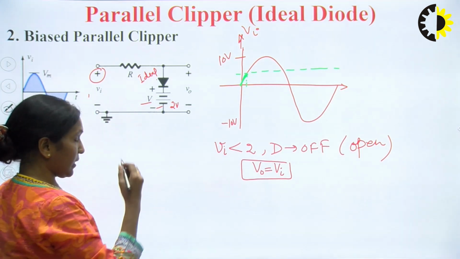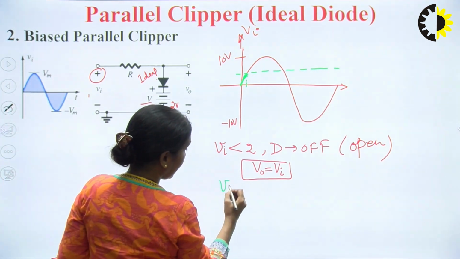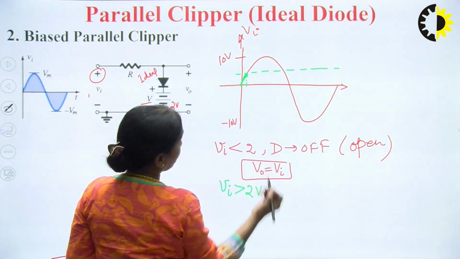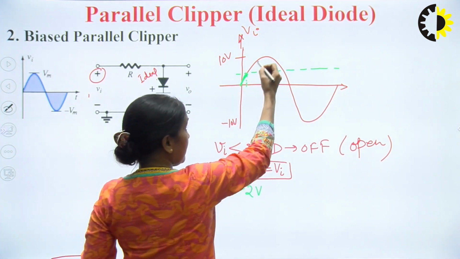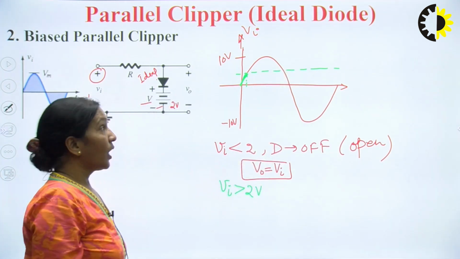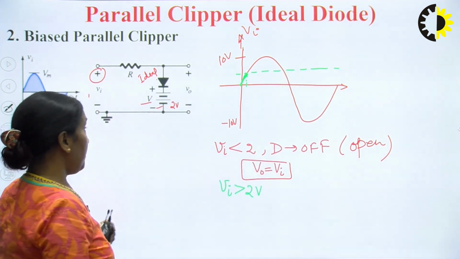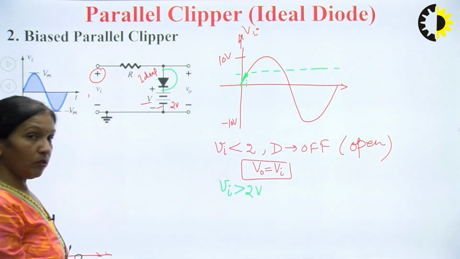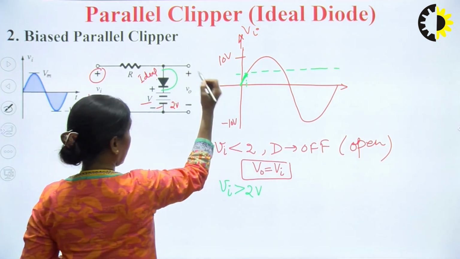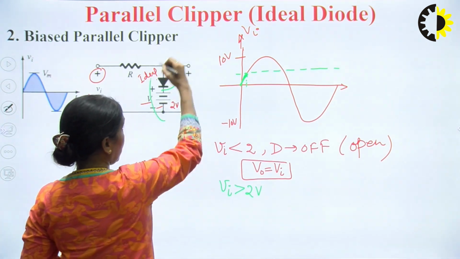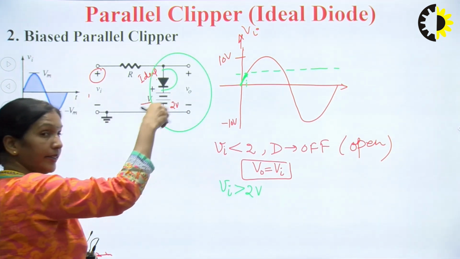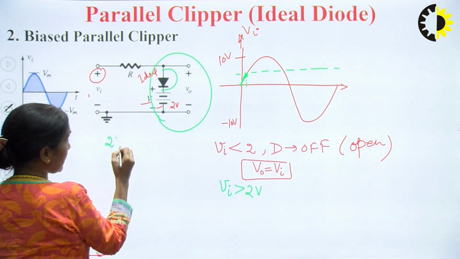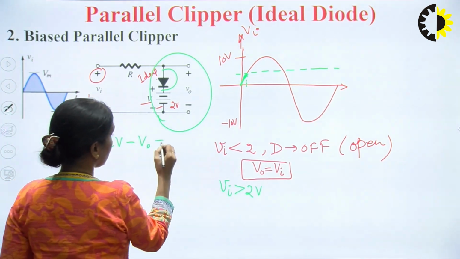Now as soon as my Vi is greater than 2 volts, during this time period my diode will be forward bias. If it is forward bias, what will be my output? If you look at this circuit and write the KVL, I'll write 2 volts minus V naught is equal to 0.